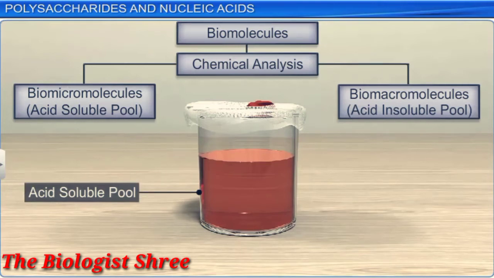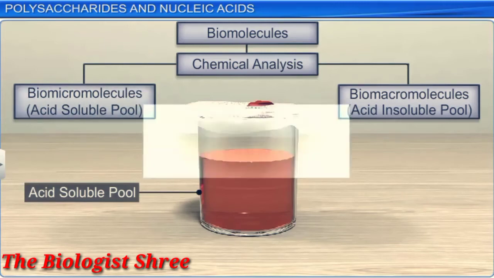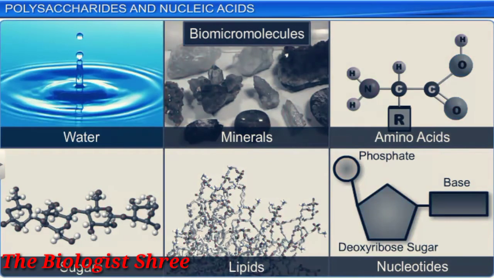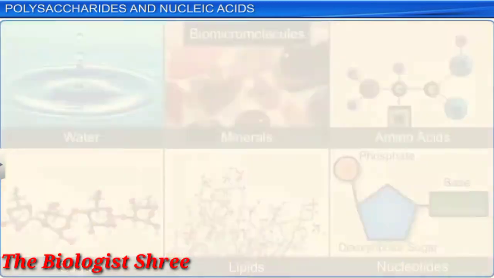Some examples of biomicromolecules are water, minerals, amino acids, sugars, lipids, and nucleotides.